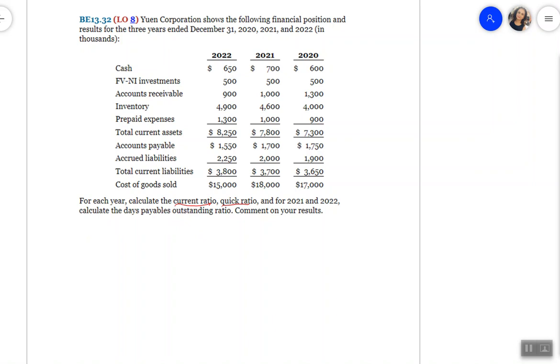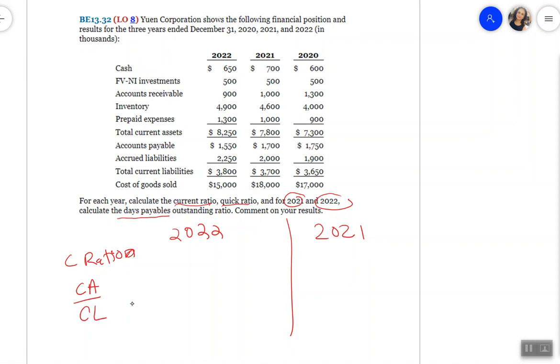First, they want you to do a current ratio, quick ratio, and they're asking you to calculate the days payable outstanding in year 2021 and year 2022. So we have 2 years they want us to do. The first ratio they want us to do is the current ratio. The formula for current ratio is current assets over current liabilities.